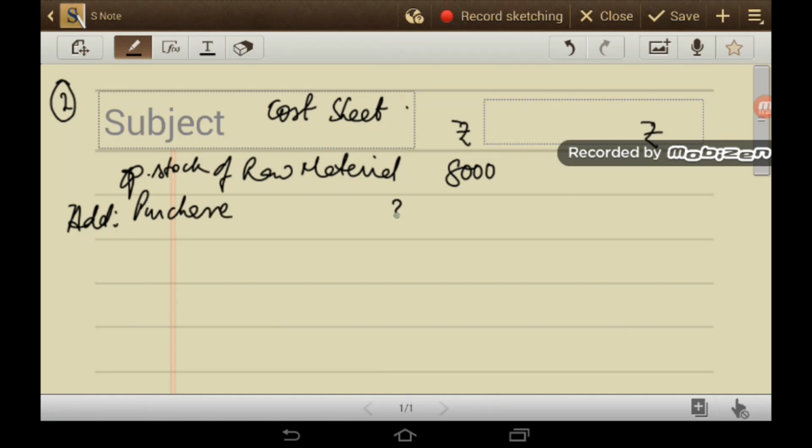This is not available, so I am putting here a question mark. Less closing stock of raw material given as 10,600. All this question mark that I am putting here, I will find the missing values after doing a small working. So we will arrive at raw material consumed.